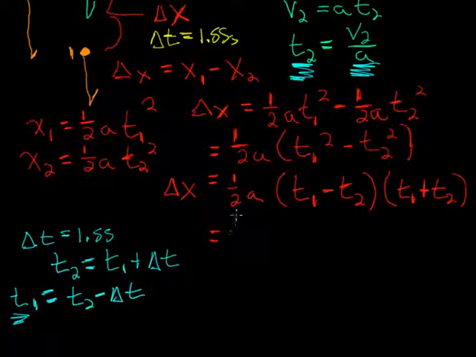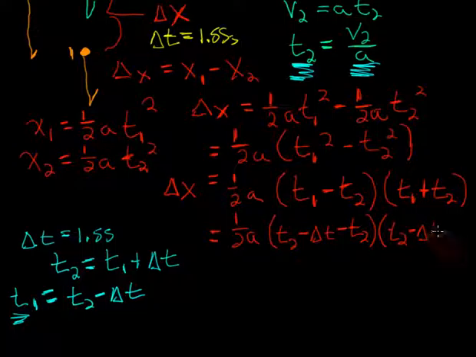So we get 1/2 A times T2 minus delta T minus T2 times T2 minus delta T plus T2.